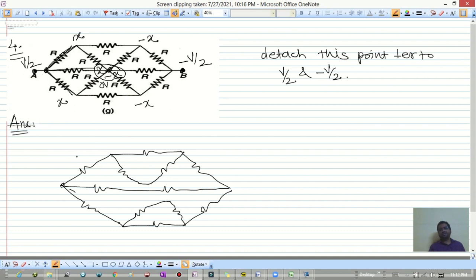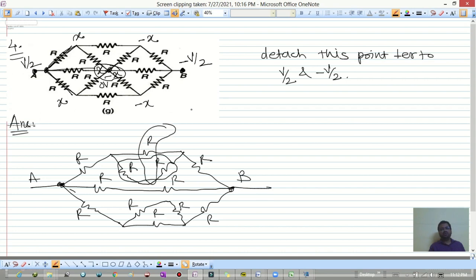As you can see, this is R, this is R, this is R, this is R. All resistances are R. Once you know this method, it's very simple, isn't it? These two are in series, and this is parallel, so 2R into R divided by 3R gives 2R by 3.